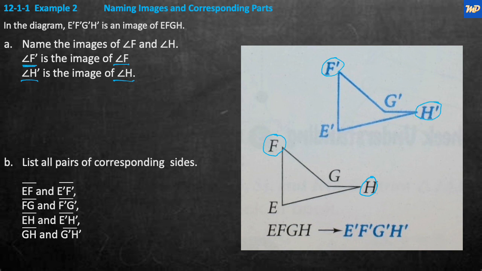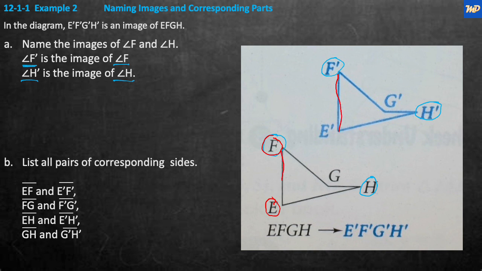How about list all pairs of corresponding sides? Well, we'll start off with the first side, EF. I'm going to change colors here. So we start off with EF right here, and E prime, F prime is its image. I'm just going to draw the line instead of drawing around the circle.